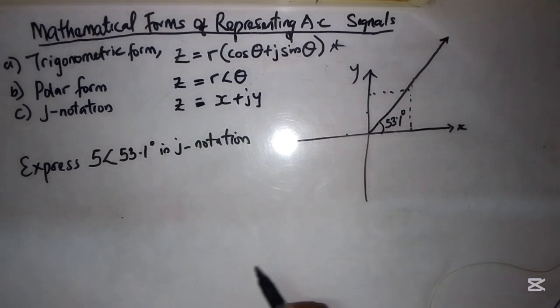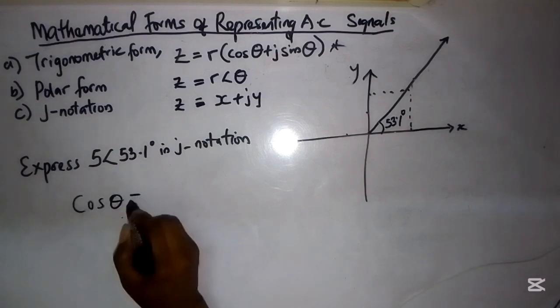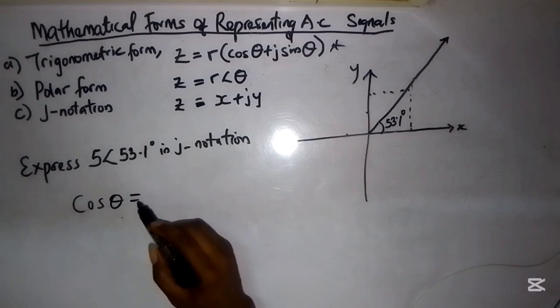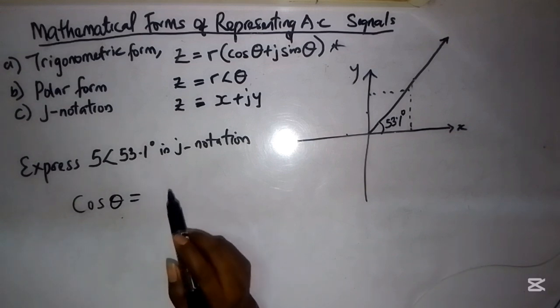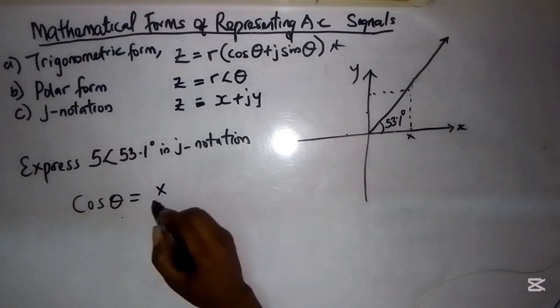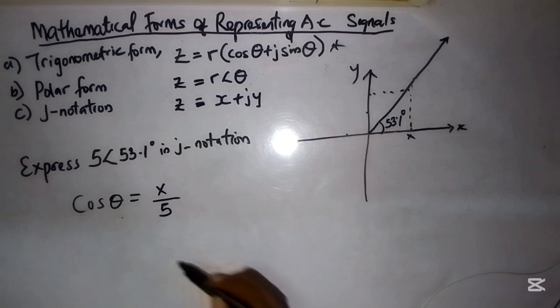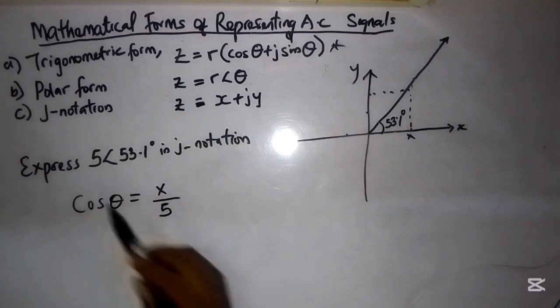So cos theta is the same thing as adjacent over hypotenuse. Our adjacent here is our x, so x over the hypotenuse is the value for our angle, our magnitude here.